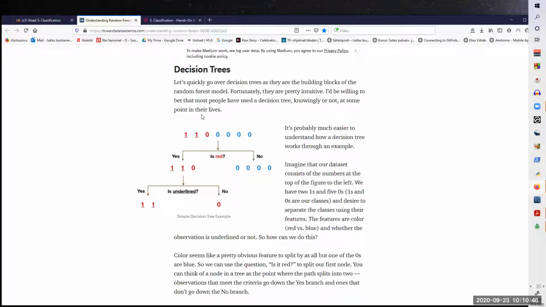And in this case, all the blue ones will be classified in one group. Then there is nothing else left. All the blue numbers are zeros. But the red ones can be either ones or zeros. So the question is now, is the number underlined or not? Yes or no? Then you have three classes of numbers.